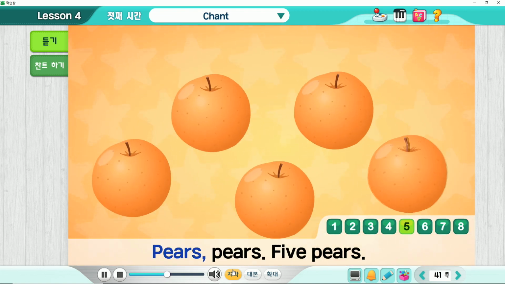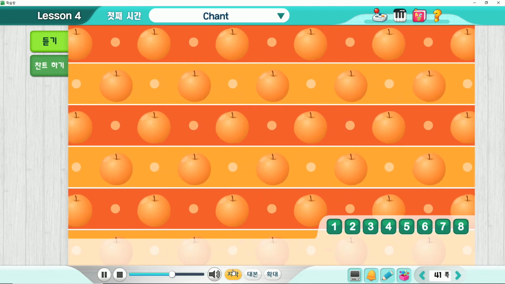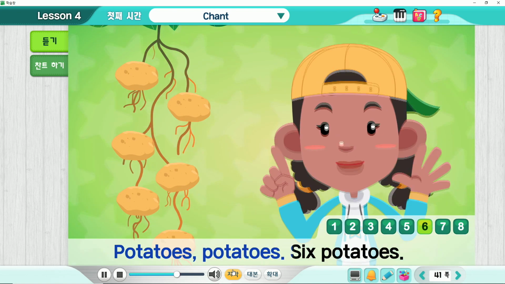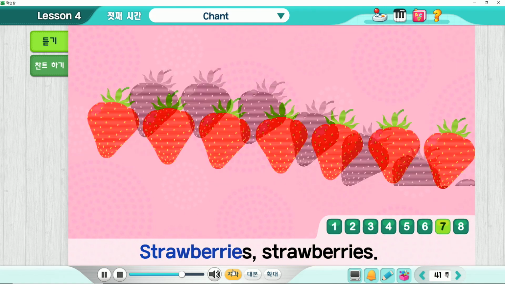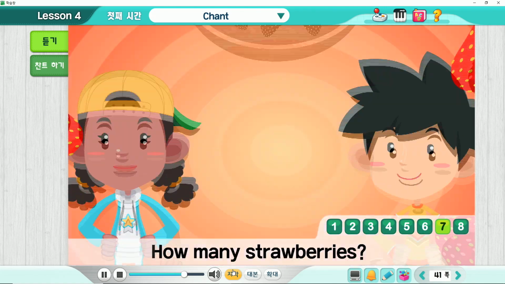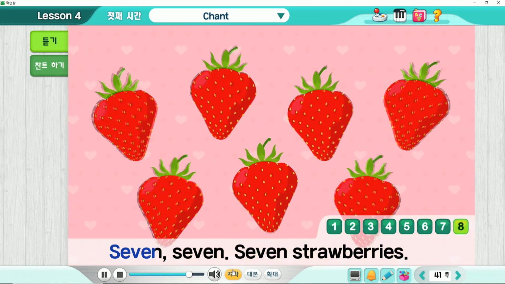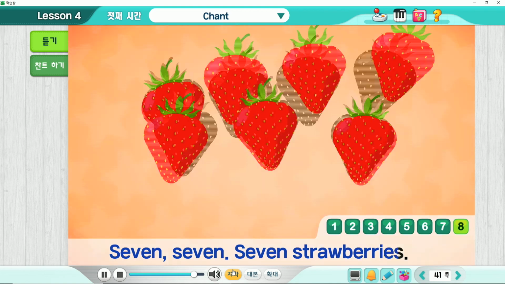Pears. Pears. Strawberries. How many strawberries? 7. 7. 7 strawberries.